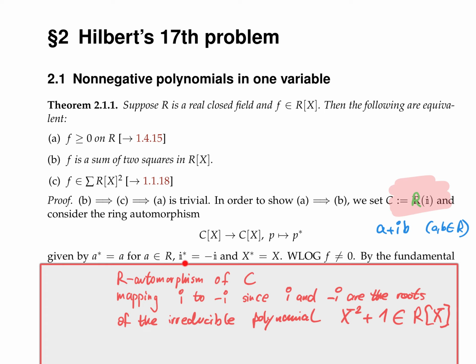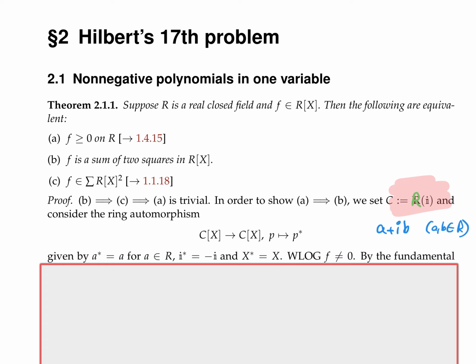And then I have now this automorphism on C, from C to C, that maps a to a for a in R, and i to minus i.